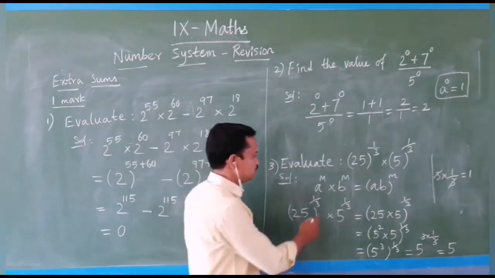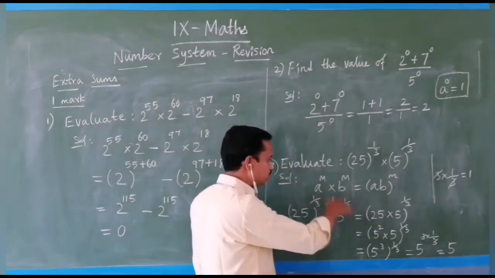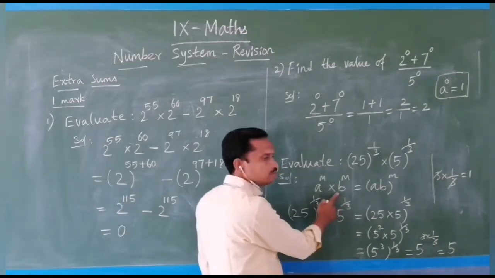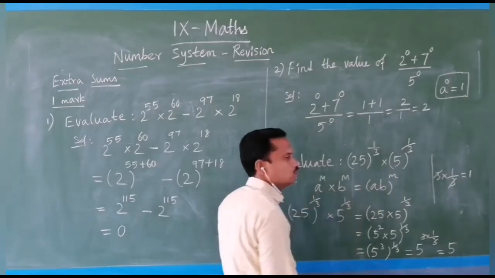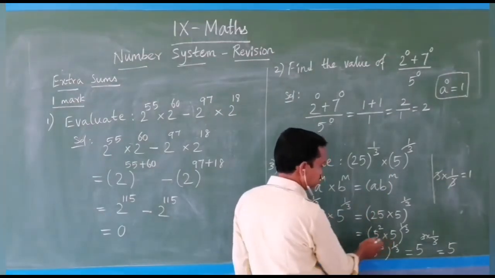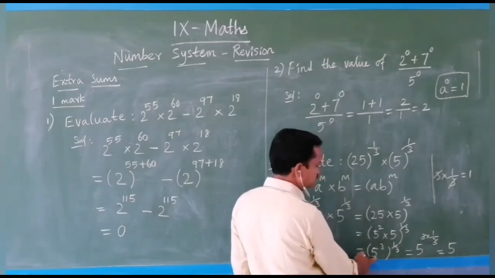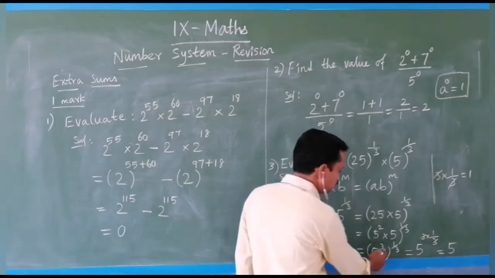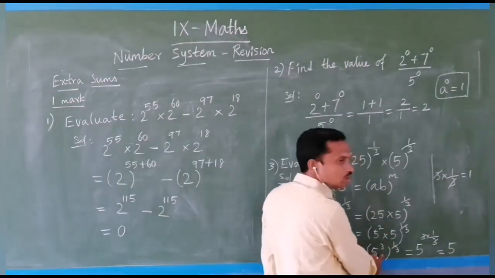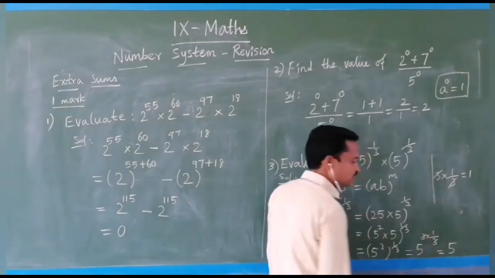So in this sum, how many laws have we applied? Can you say? One law, that is a power m into b power m equals ab whole power m, and then the product law, 5 square into 5 power 1 is 5 cube, and then 5 cube to the power 1 by 3, that is the power law, and then you get 5, that is the answer.